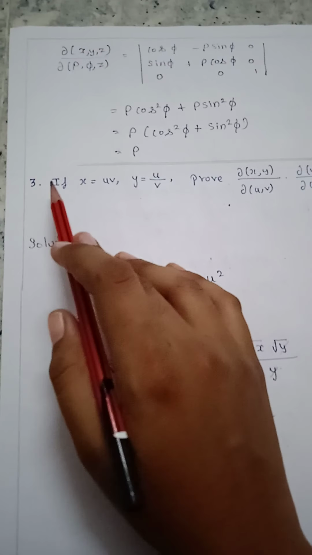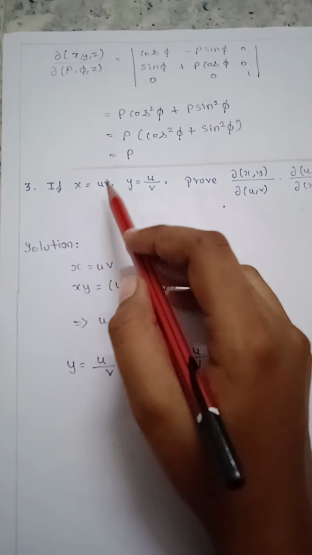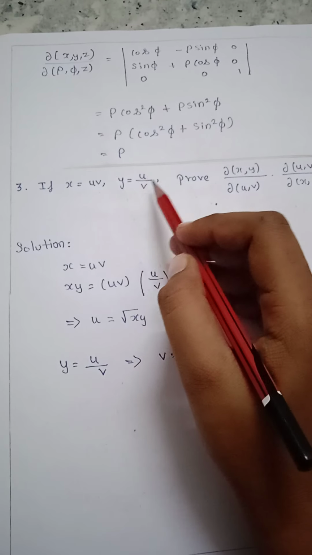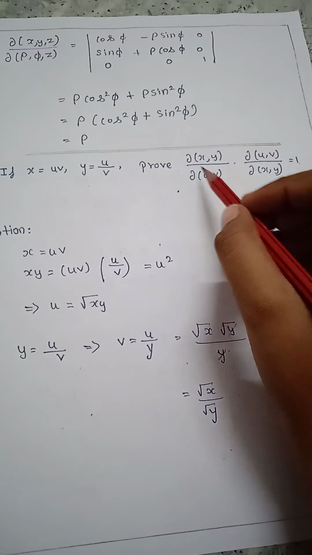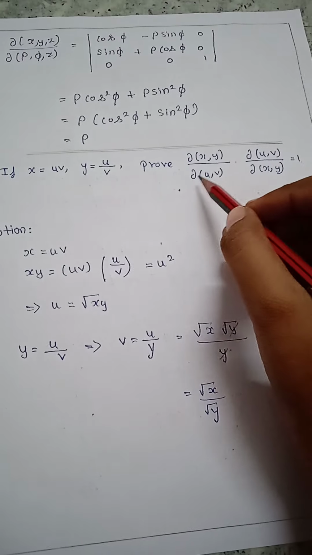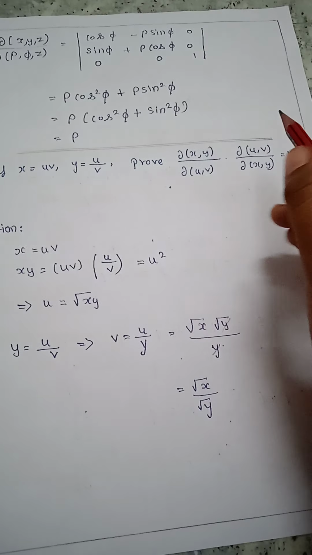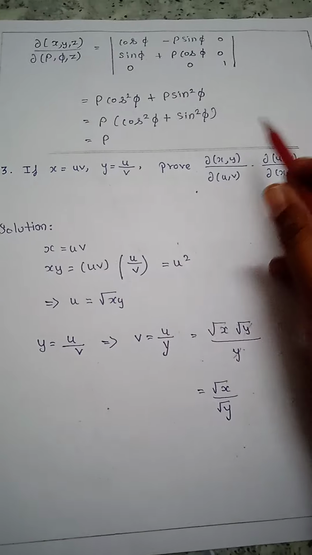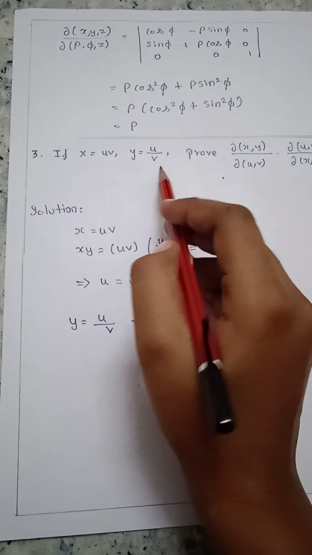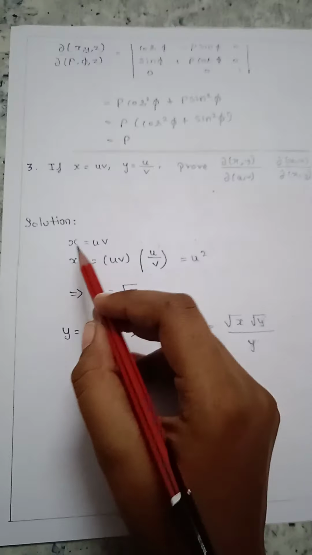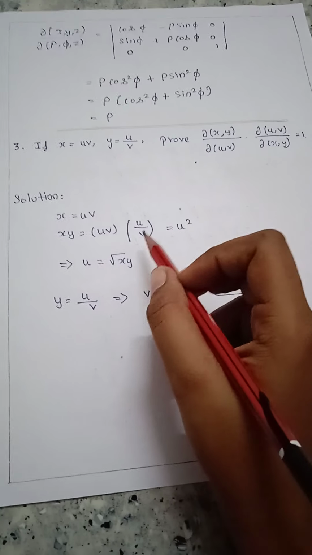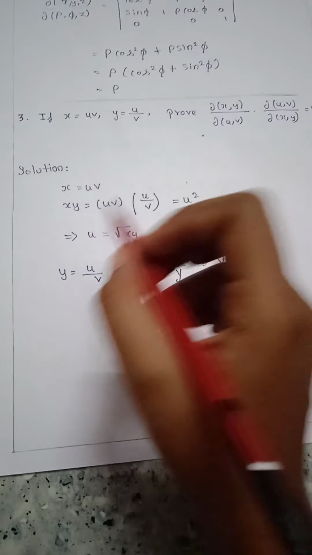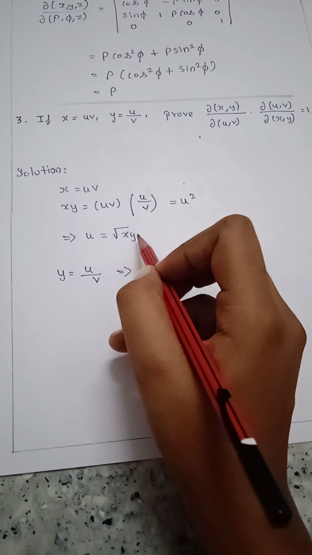Next, the third one: if x is equal to uv and y is equal to u divided by v, prove that dou x comma y divided by dou u comma v, times dou u comma v divided by dou x comma y, is equal to 1. We have to prove this equation. They have given the x value and y value, so x is equal to uv and y is equal to u by v. Multiplying, xy is equal to uv into u by v, which gives u square, so u is equal to root xy.